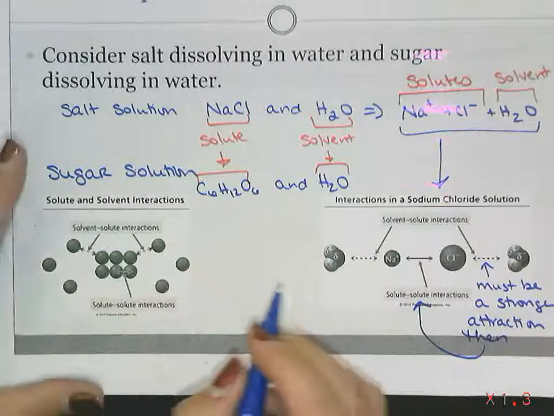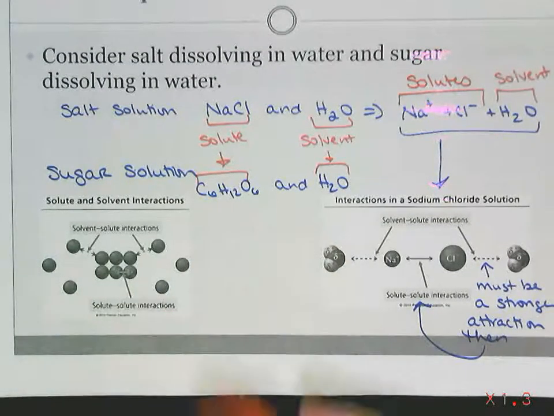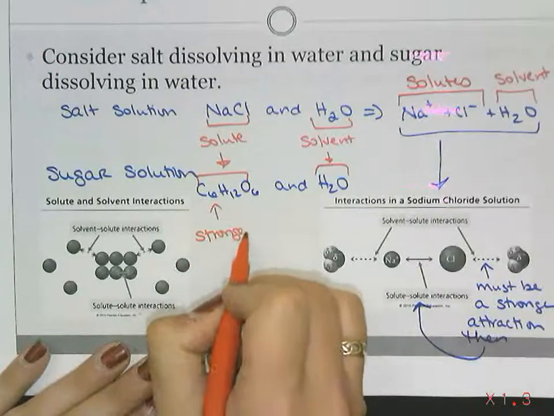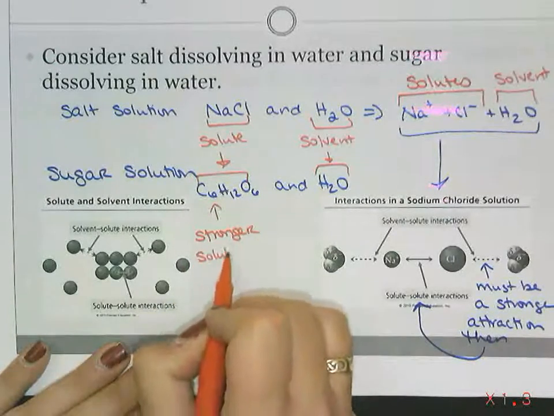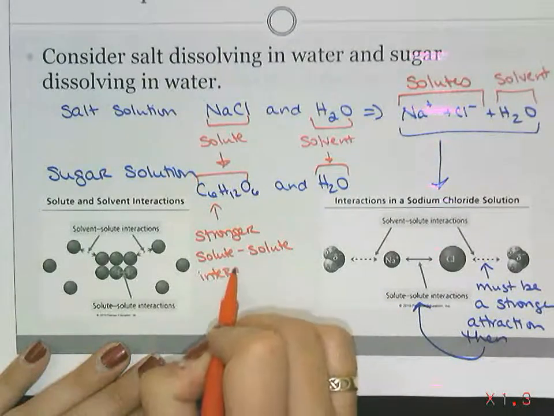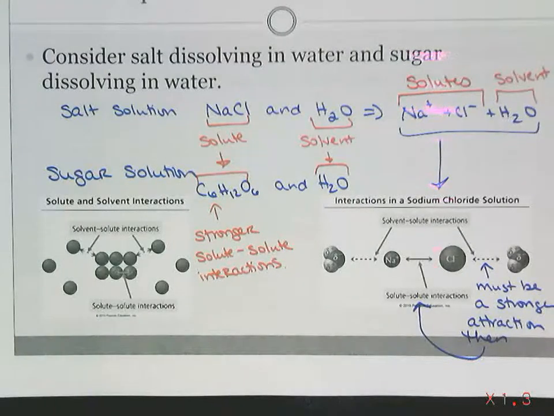And it's going to interact with itself more strongly than with the water, right? It prefers to stick together rather than break up. So it has stronger solute-solute interactions than solute-solvent interactions.